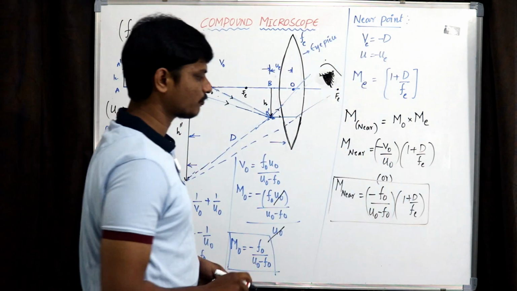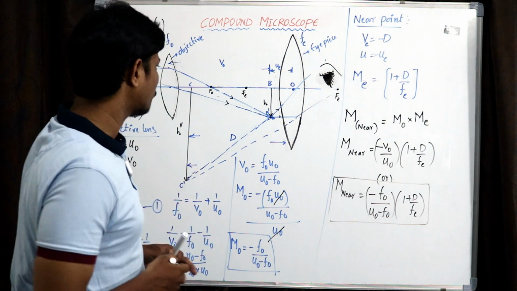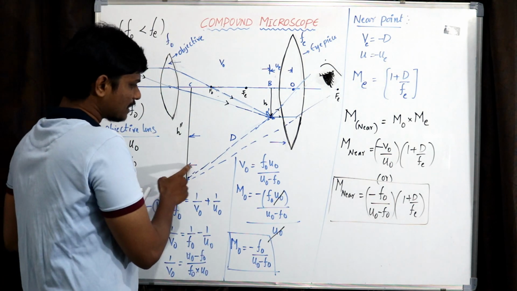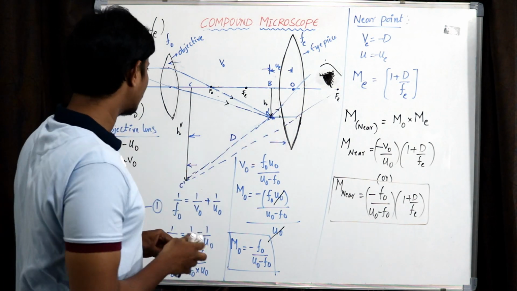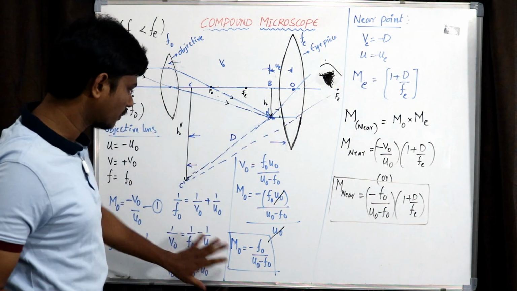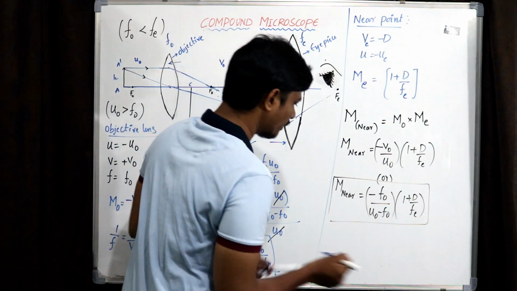This is the magnification produced when the final image is formed at near point. Always remember, wherever the image is formed by the eyepiece, it is independent of the magnification produced by the objective lens. This is the same. Therefore, let me calculate for far point now.